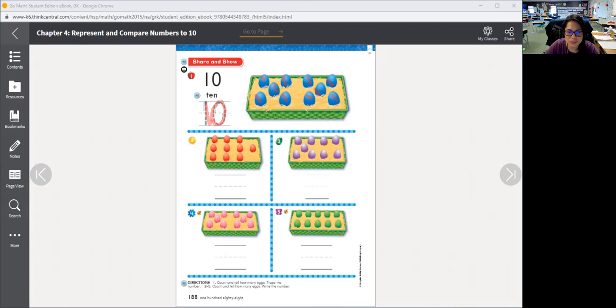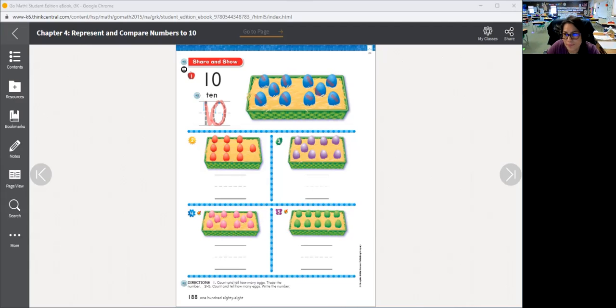Now I need you to help me count and tell how many there are in each basket. So we're gonna do this one here, number 2, the red eggs in here, and I'm gonna call on someone to help me count these. So please turn on your microphone when I call your name. Maggie, turn on your microphone and count the red eggs in the basket.